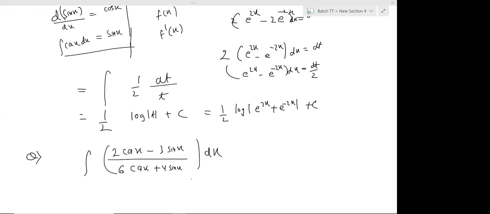All right, Imad. So in this also, do we have to take the denominator as t? Yes, you can take the denominator as t, you will get the numerator as dt, and you will get the answer. Okay.